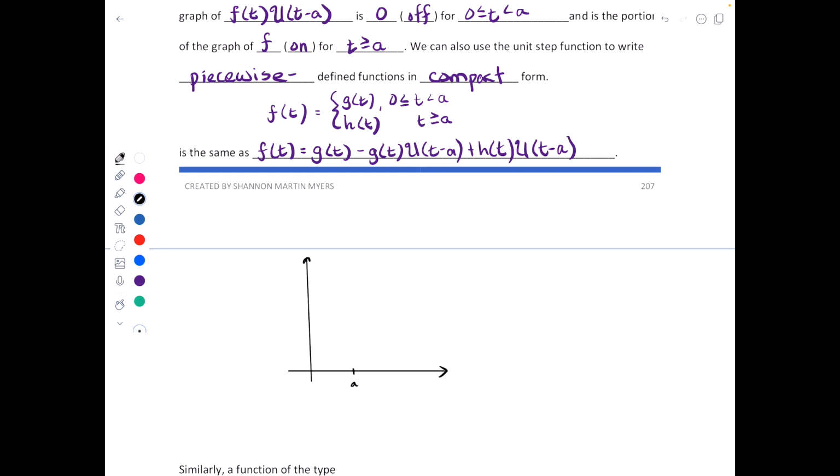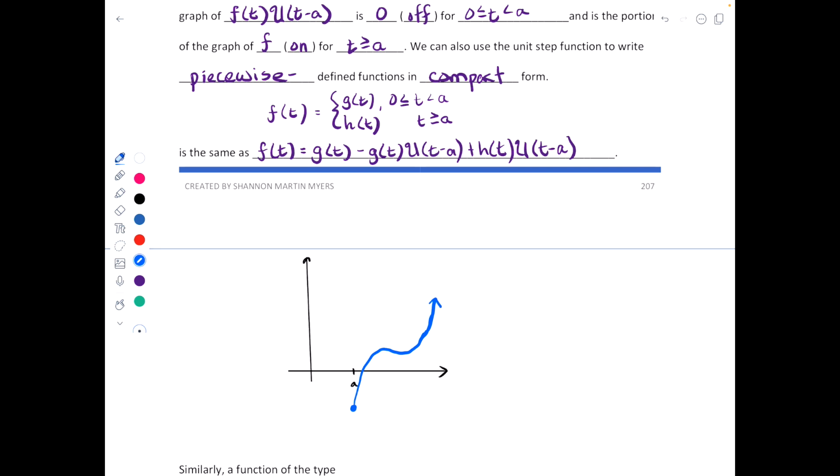Suppose you've got some kind of curve. Could have some curve at a, going t greater than or equal to a, right?